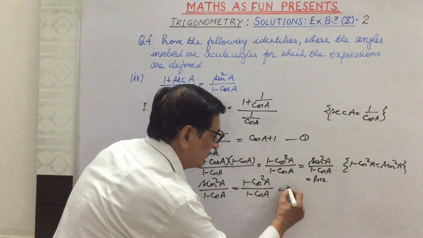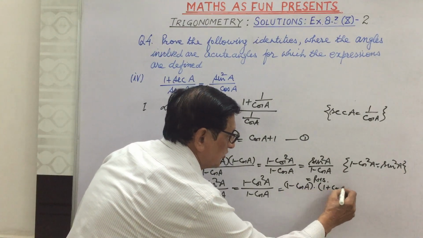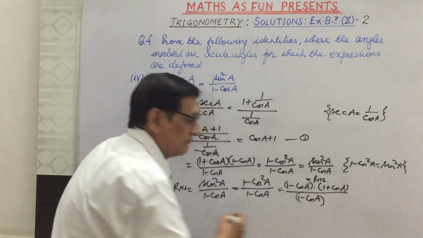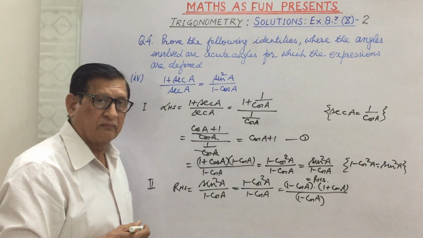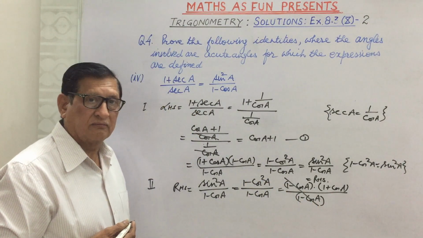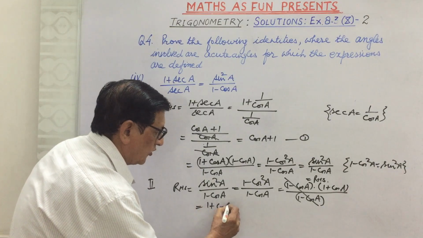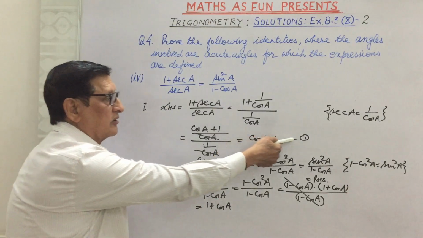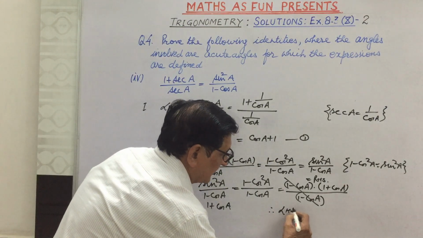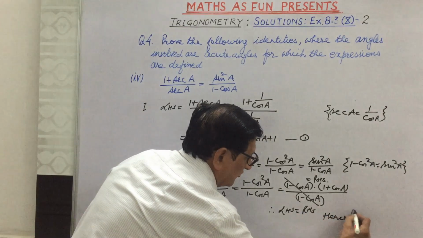And by that we get here 1 minus cos A into 1 plus cos A whole upon 1 minus cos A. This 1 minus cos A and 1 minus cos A cancel. And we are left with 1 plus cos A, which we have obtained in the first part. And hence we can write, therefore left hand side is equal to right hand side, hence proved.